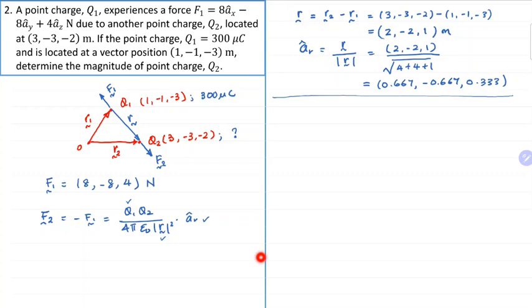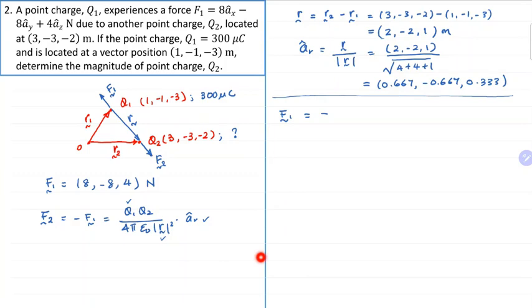So our F2 is equal to Q1 Q2 over 4 pi epsilon naught, and so forth.